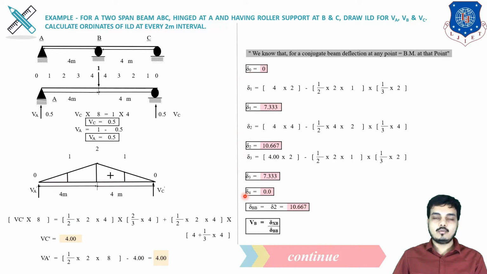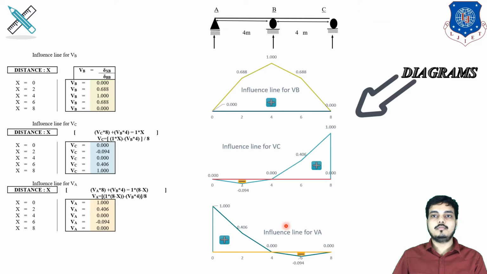After finding delta, we form del VB, and with the help of the formula for VB, we find the reactions for VB, and then we make equations for the other terms like VC and VA, and then we draw a diagram. So this was the process for the 2-span beam. A similar process we will be following in the 3-span beam.